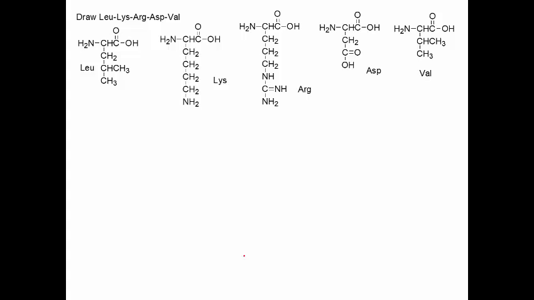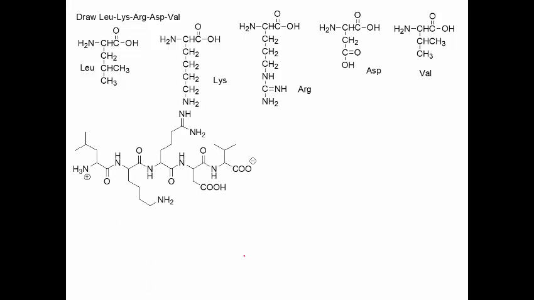So leucine has to be your N-terminal amino acid since it's on the left, and valine has to be your C-terminal amino acid since it's the one that's on the far right. Okay, so what does the pentapeptide look like? This is what you should have right here.